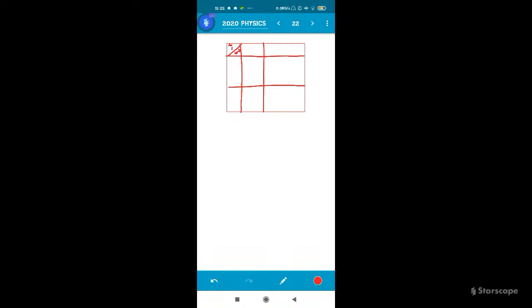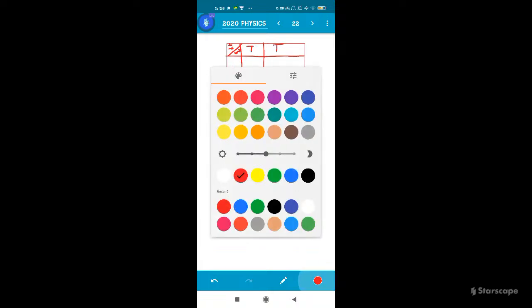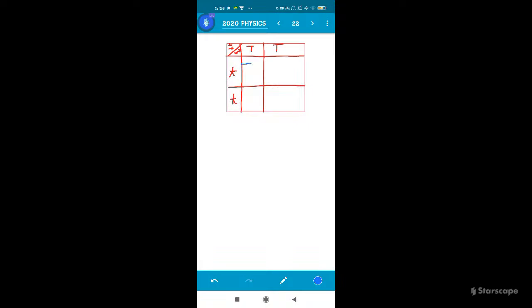So the male and the female have not been given specifically, so I am just taking it as whatever I wish. So capital T on one side and small t on one side. So if I find out the possible combinations, it will be capital T small t, capital T small t, capital T small t and capital T small t.